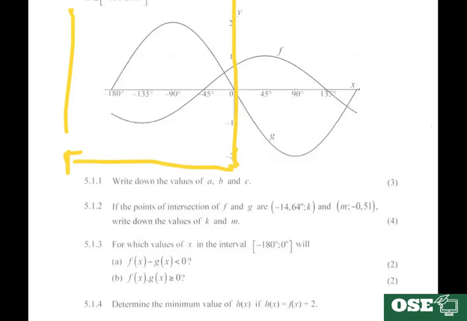So in order for the answer to be less than 0, which one must be bigger, f of x or g of x?